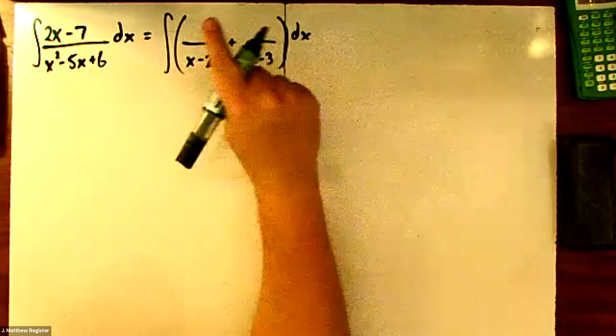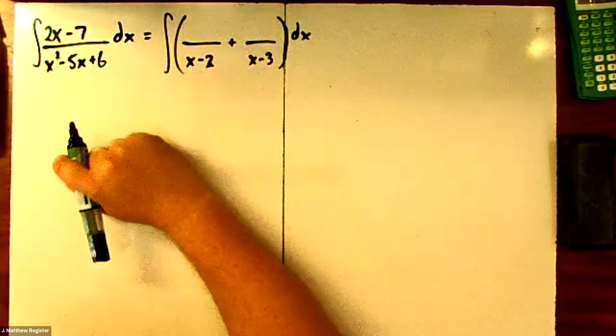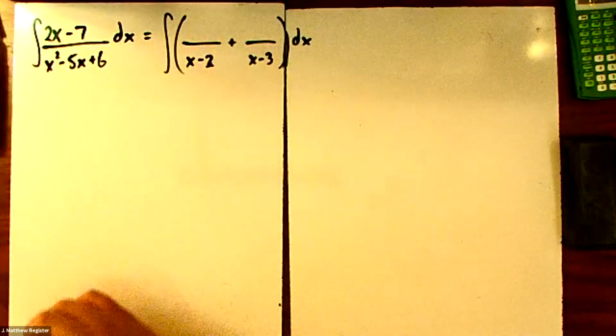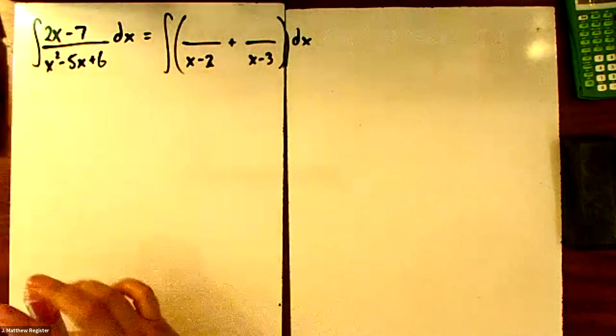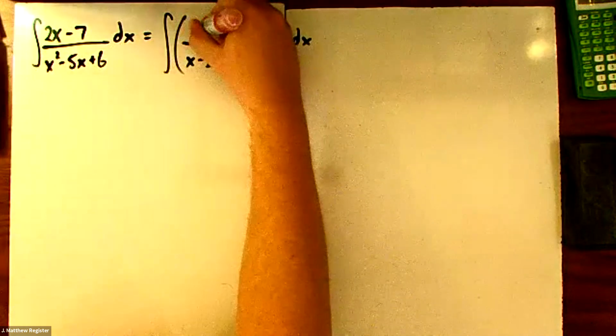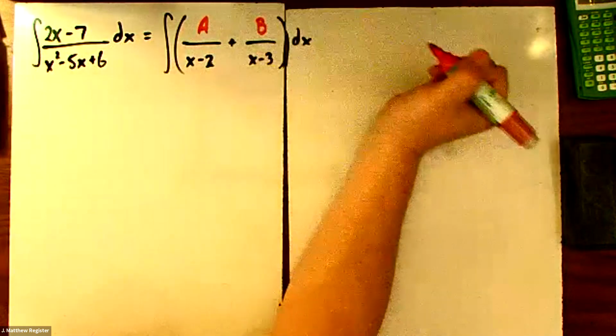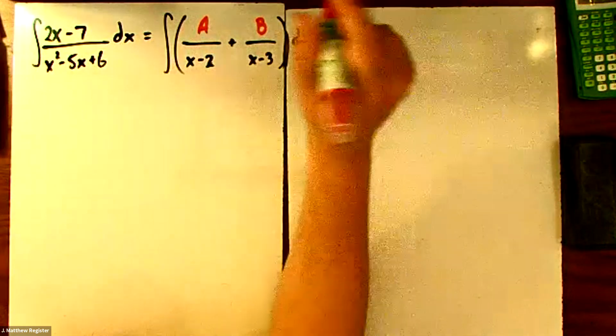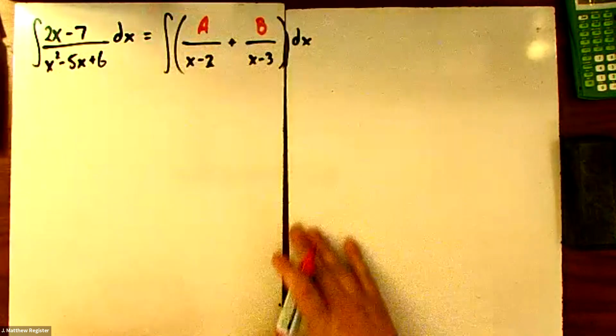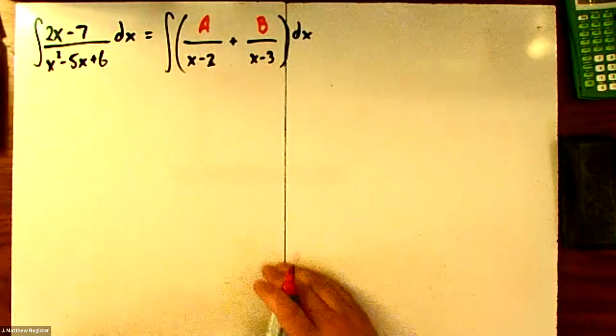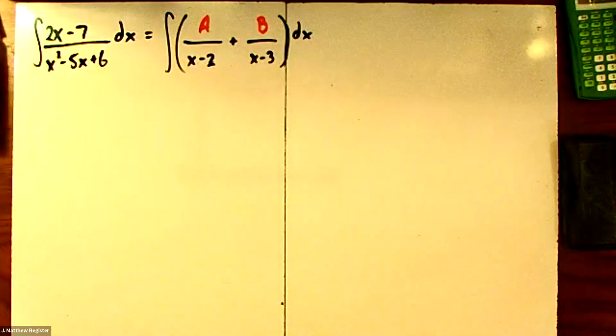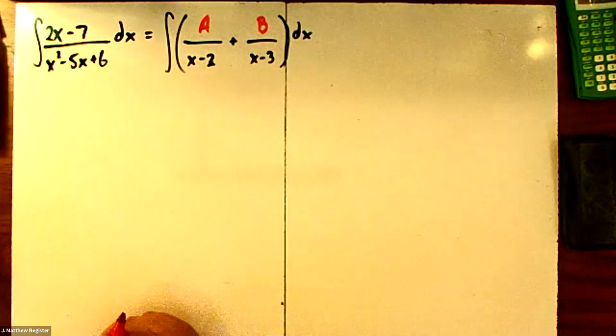Well, we don't know what these two values are. And so what we're going to do for now is we're just going to call them A and B. And now we're just going to ignore all of our integration, and we're just going to go back to our good old friend algebra and see if we can figure out what A and B are.